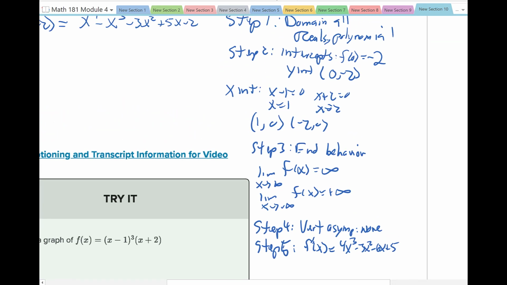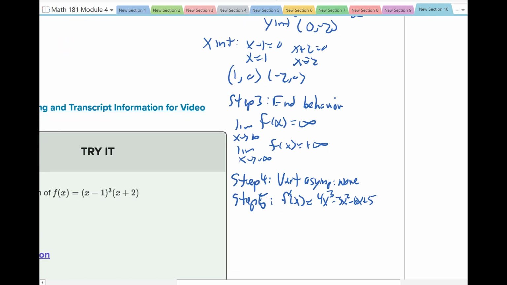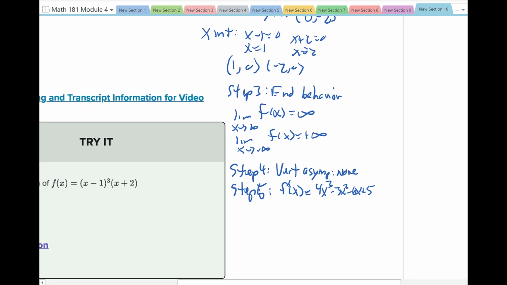And that's not a big surprise from what you saw up here. I mean, just bringing those powers down and subtracting 1. Getting the zeros was a little bit of work. I'm not going to go through all that because that's not really the level of this course. But the other derivative of this, if I hadn't multiplied it out, in factored form, would have been x minus 1 squared times 4x plus 5.